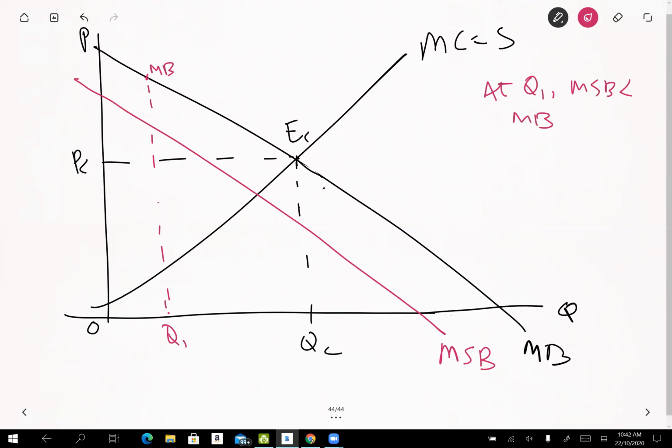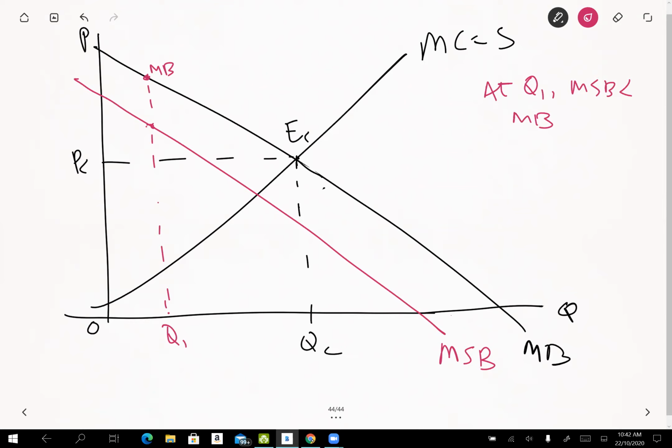So from the diagram, you see the marginal benefit is up there. The marginal social benefit is less than that, so it should be below it. Okay, so you can do it by yourself, whatever the gap is. That gap would be the negative external effect to the particular party. Okay, so the MSB is below the marginal benefit function.